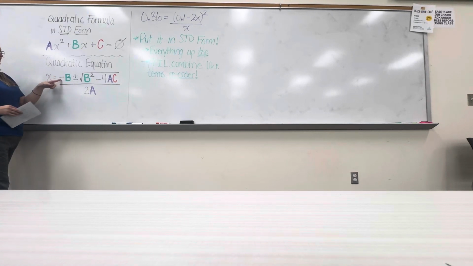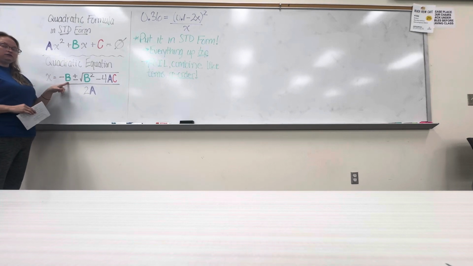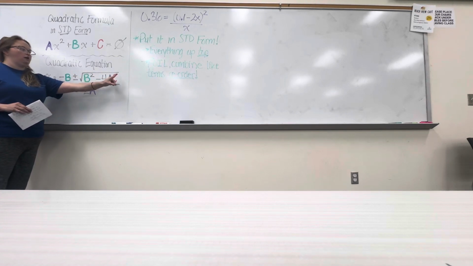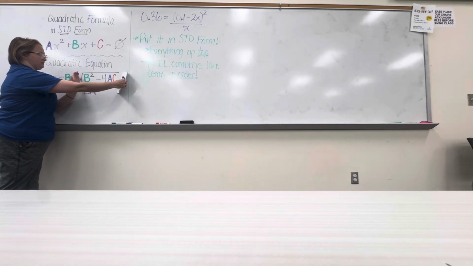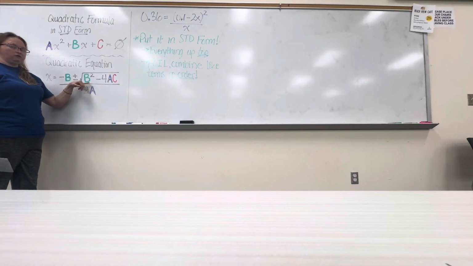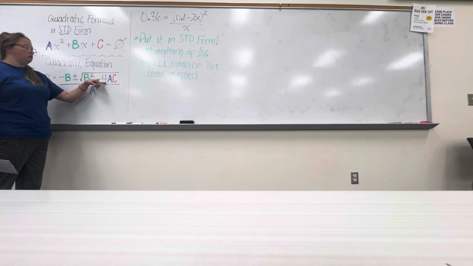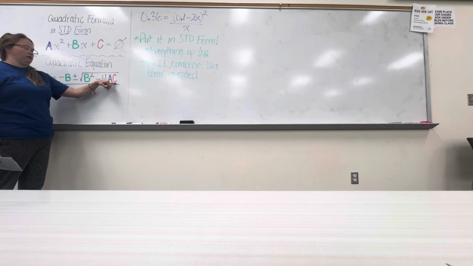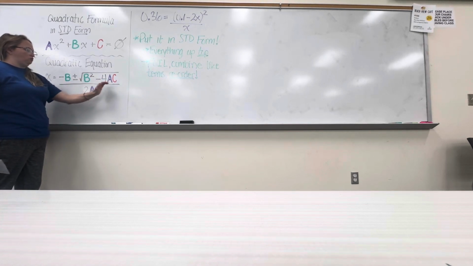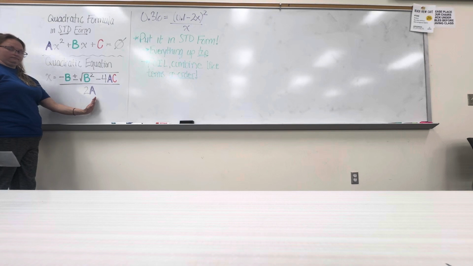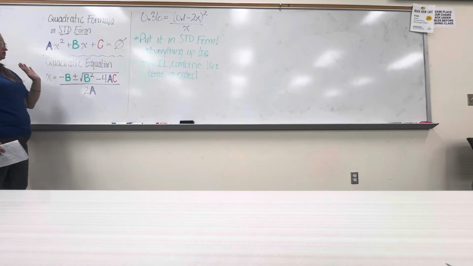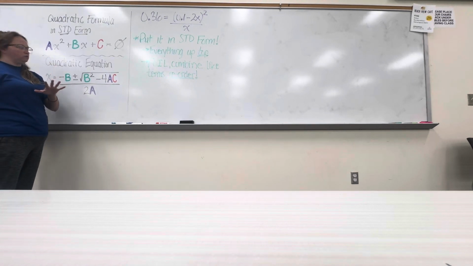All right, you have negative b, which is the same thing as saying negative 1 multiplied by the value of b, plus or minus the square root of the whole quantity b squared minus 4 multiplied by a multiplied by c, all over 2a. Okay, so let's cover a couple of things again real quick.